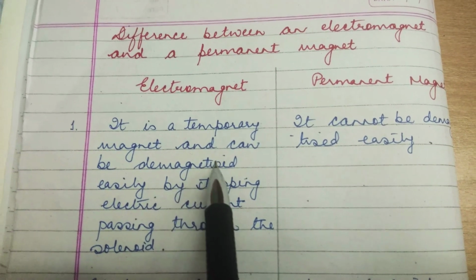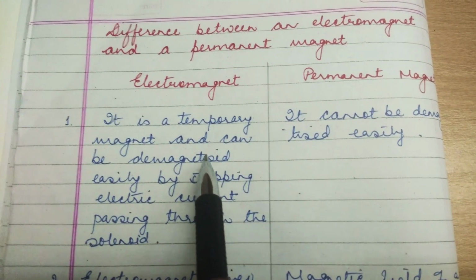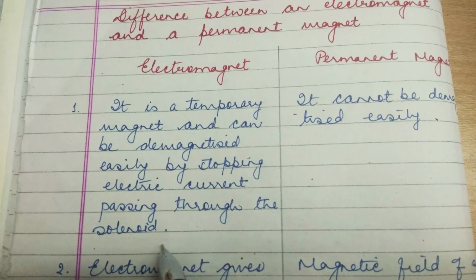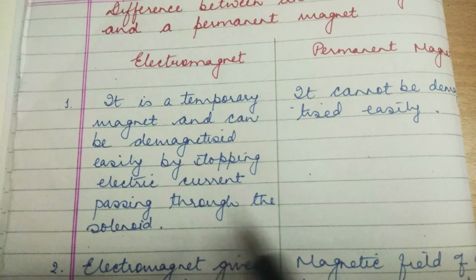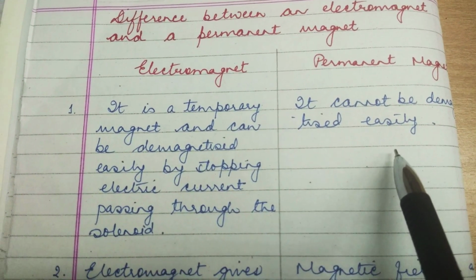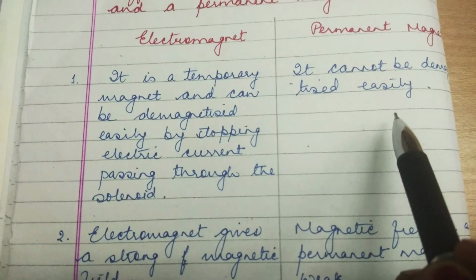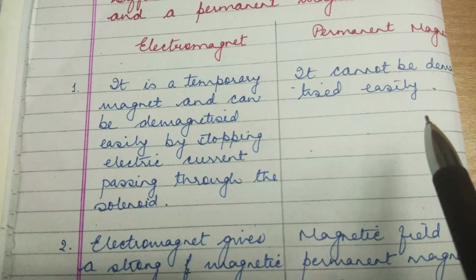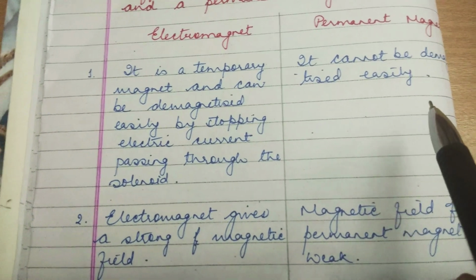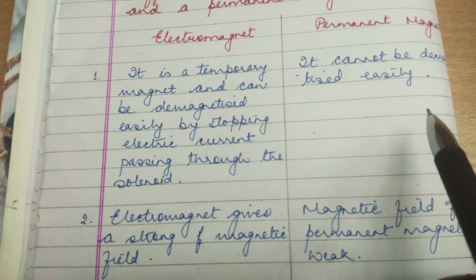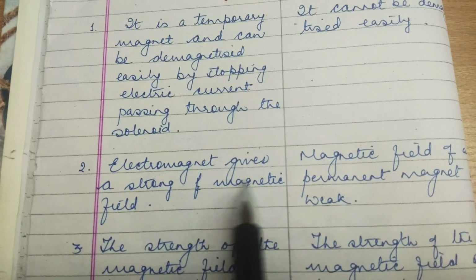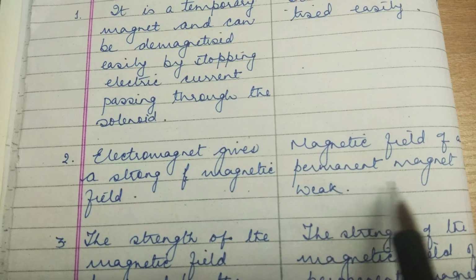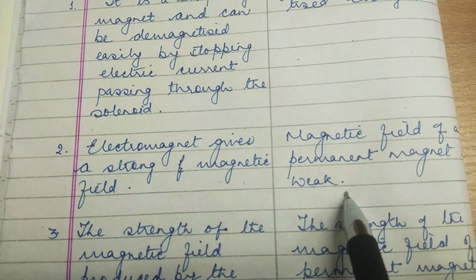An electromagnet is a temporary magnet, and it can be demagnetized easily by stopping electric current passing through the solenoid, whereas a permanent magnet cannot be demagnetized easily. It can be demagnetized either by heating it or throwing it time and again on the floor from a certain height. Then the second difference is that an electromagnet gives a strong magnetic field, whereas the magnetic field of a permanent magnet is weak.